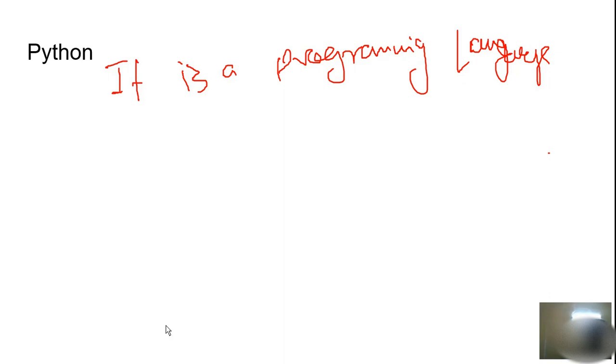There are lots of libraries available in Python. We will discuss how Python involves data structure.